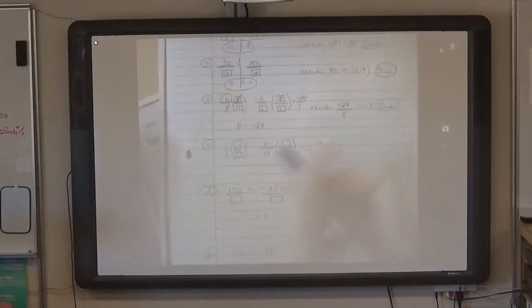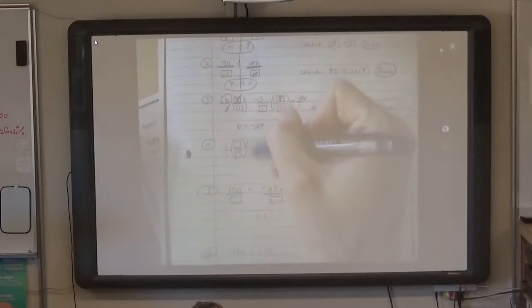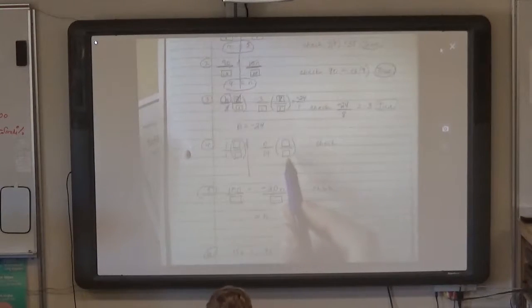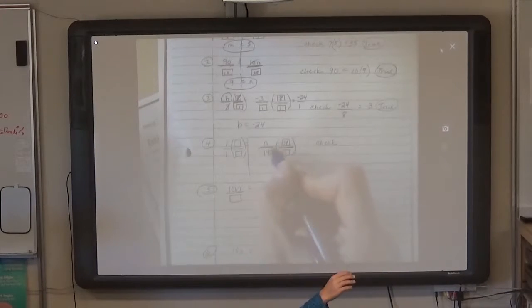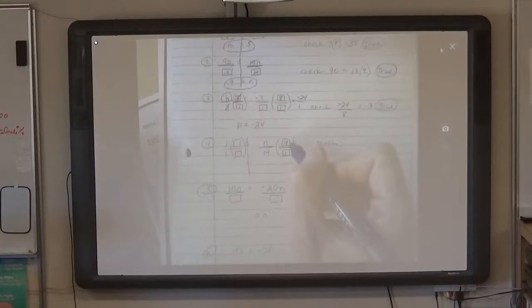Alright, let's go on. Start on the side with the variable. Number 4 has 14 in the denominator. So we have to multiply by 14 over 1. When the number is in the denominator, you have to write the reciprocal with the number in the numerator.